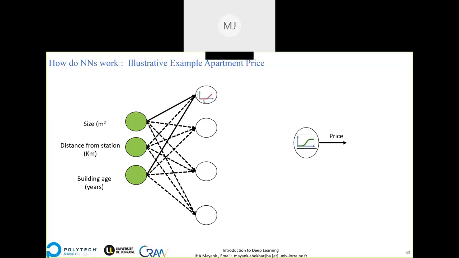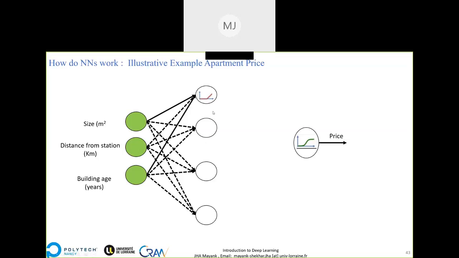If that is the case, then the weights on this arrow and on this arrow are going to increase, or they are going to be strengthened, reinforced, and the weights on the other arrows are not going to be as high as the weights on these two arrows.